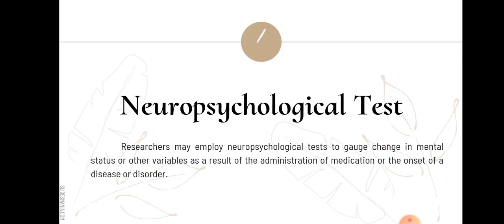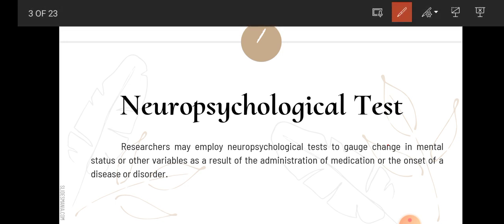Okay, now let's define what is neuropsychological test. From the word itself, neuropsychological. So this is science concerned with the integration of psychological observations on behavior and the mind with neurological observations on the brain and nervous system.